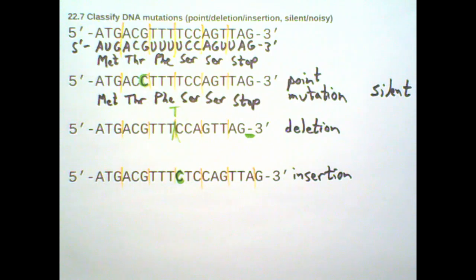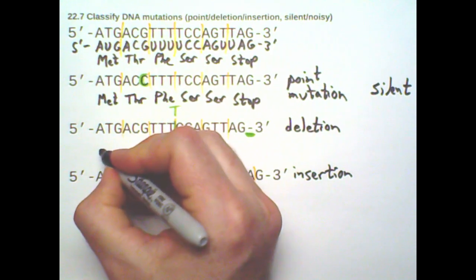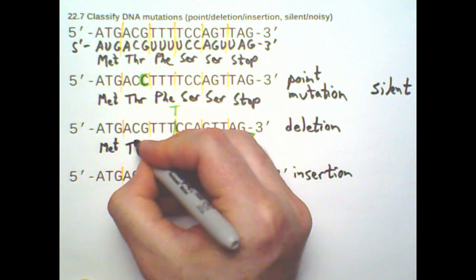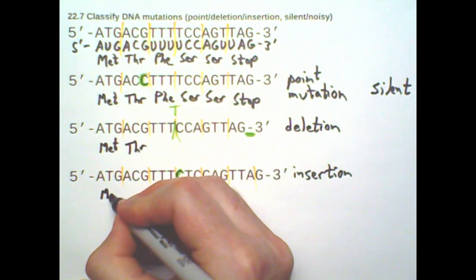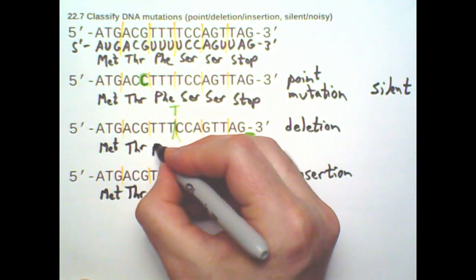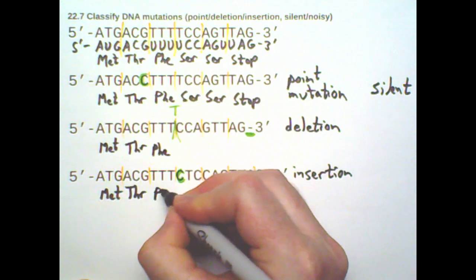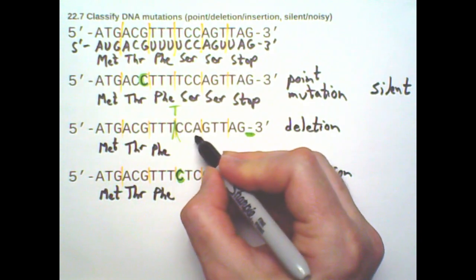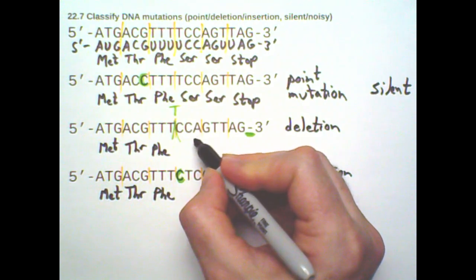Let's look at the others. We start out the same. Methionine, threonine, phenylalanine. Now we go to CCA.